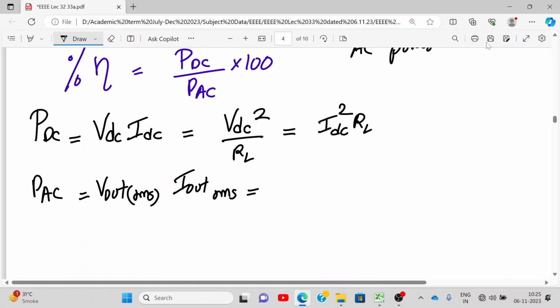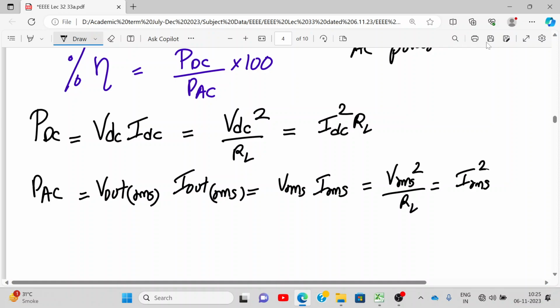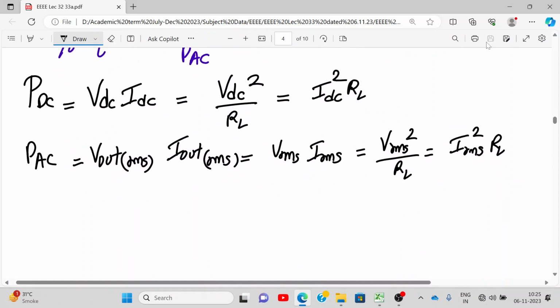Or simply we can call it VRMS, IRMS. This also has three forms: V square RMS by RL or I square RMS into RL. We have three formulas in DC because load is resistive load.